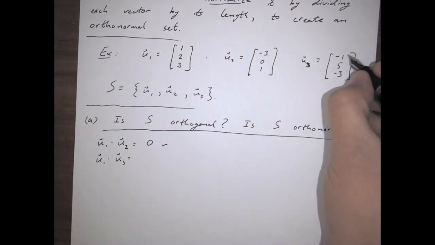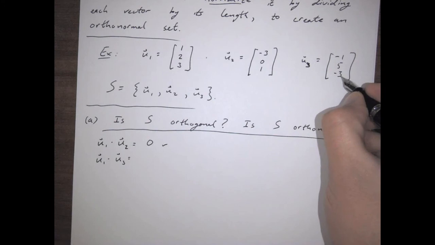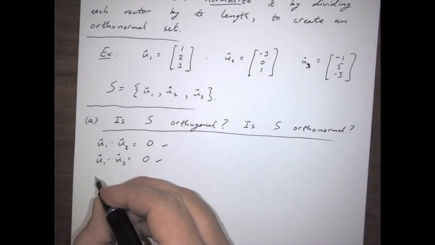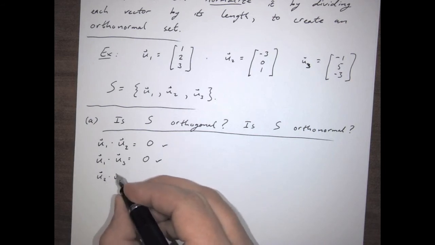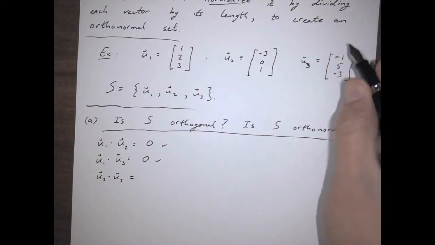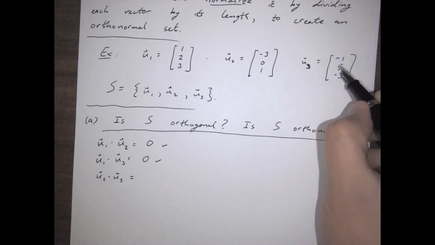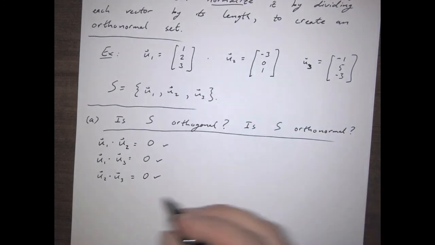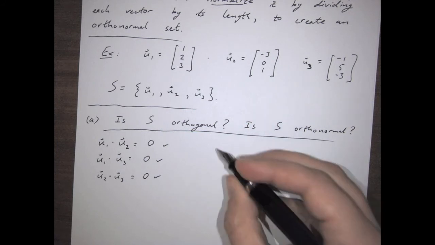Quick calculation, we have -1 plus 10 minus 9. Looks like 0 to me. And we have u2 dot u3. So it's going to be -3 times -1 is +3, 0, -3 equals 0. So S is orthogonal.